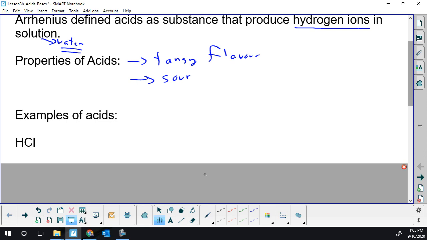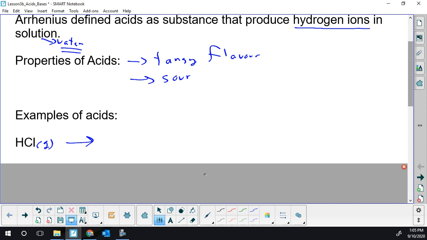We're going to go through some examples of acids, and when you put them in water, we get these acidic solutions. So hydrogen chloride, which all by itself would be a gas. At room temperature, room pressure, HCl, hydrogen chloride, is a gas. You put hydrogen chloride in water, or you bubble it through water, and we get the acidic properties.